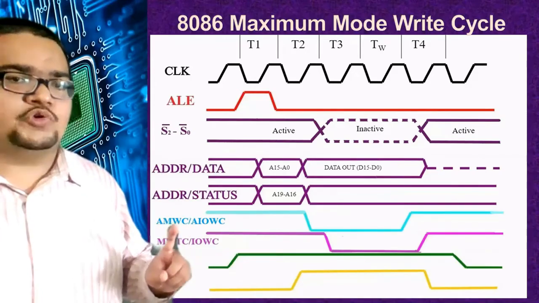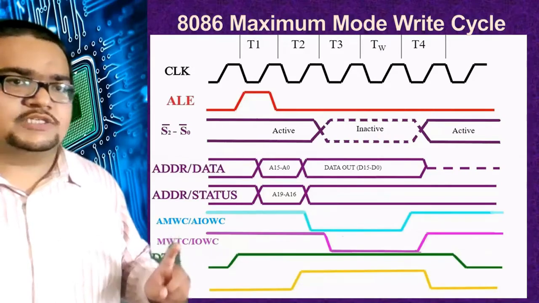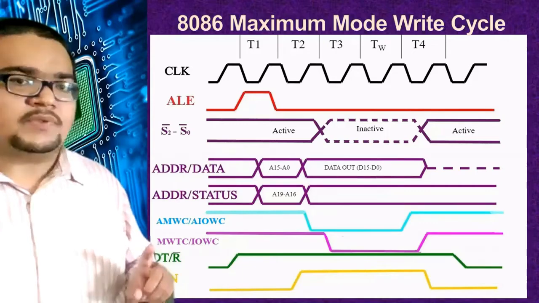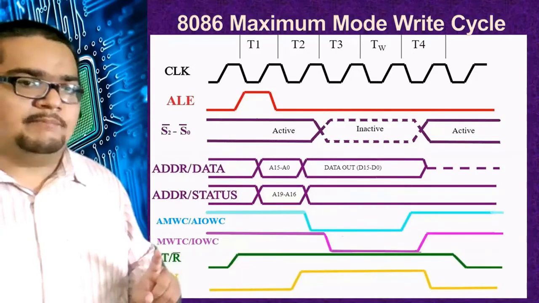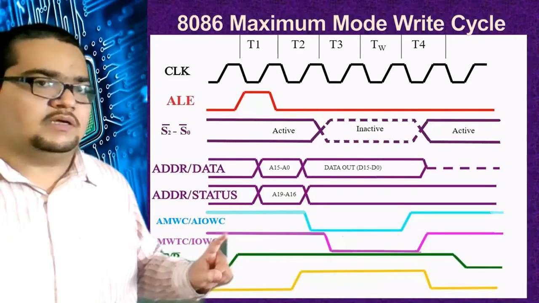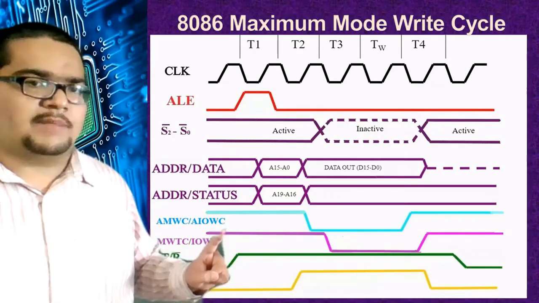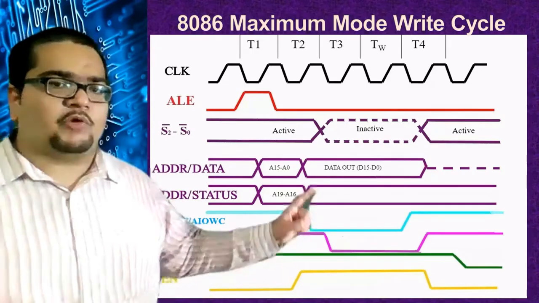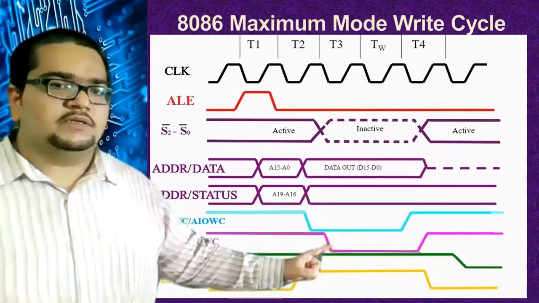And this time I have shown you 2 lines. Instead of 1 write line, we have shown 2 write lines here. Normal memory write or IO write is this particular pink color line, which is here at this particular point going low. You can check it.